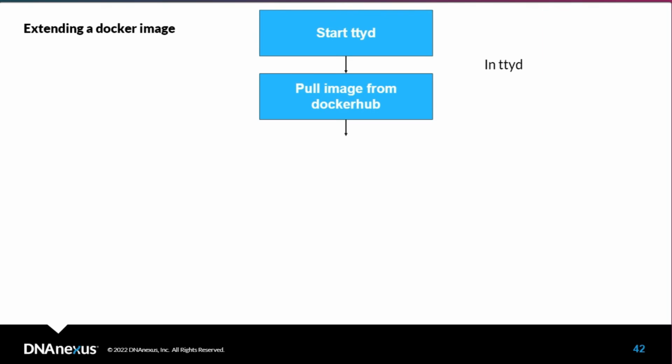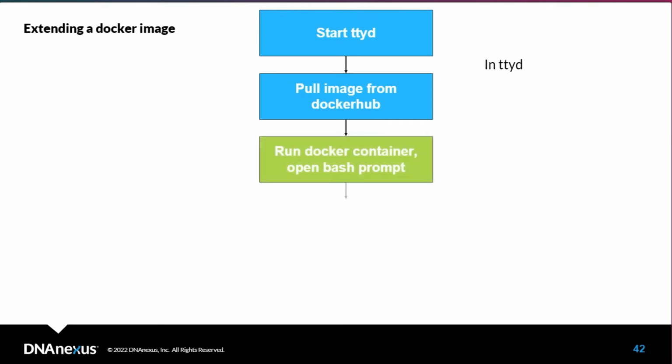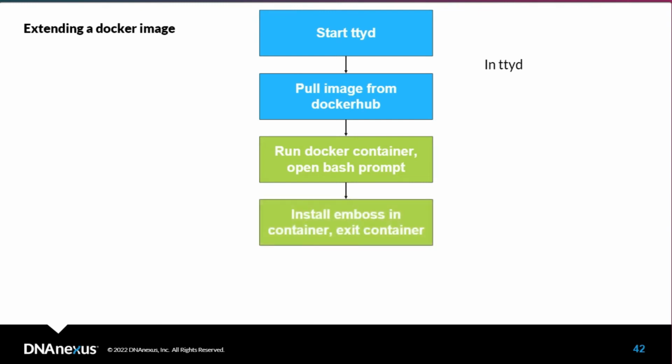We will be pulling an image from Docker Hub. Then we will run a Docker container on TTYD, working in interactive mode. With that, we will install additional software, called EMBOSS, inside the container. So these steps will be done inside the Docker container.